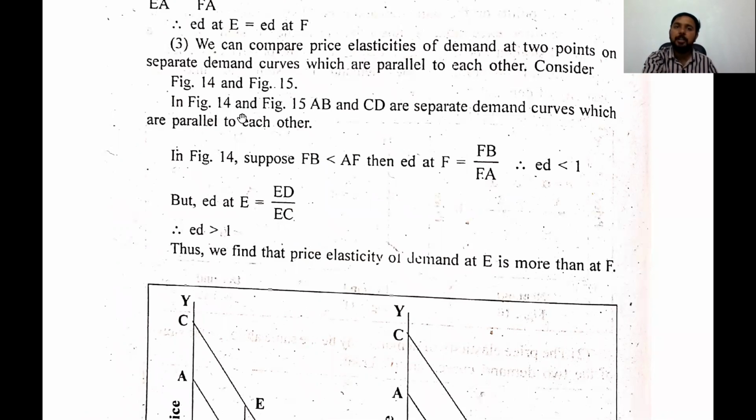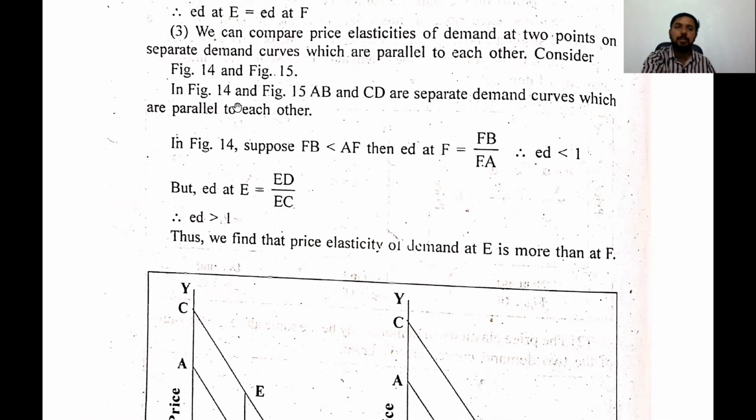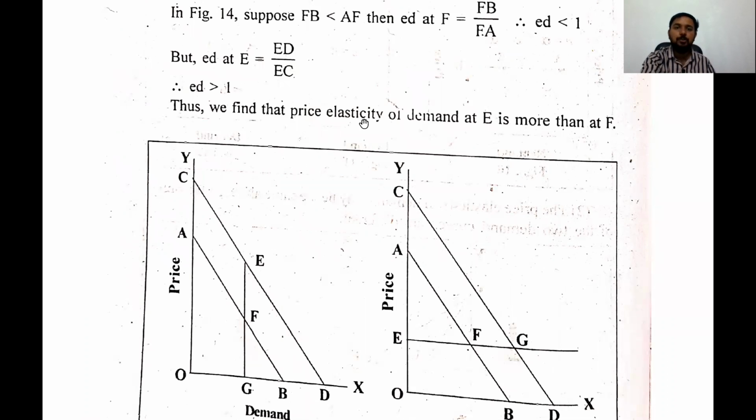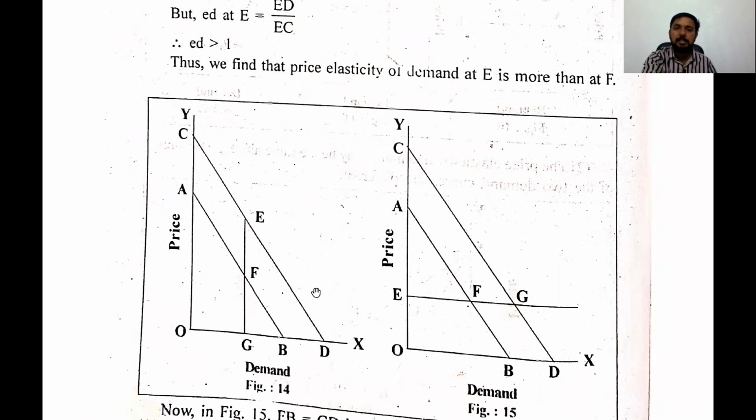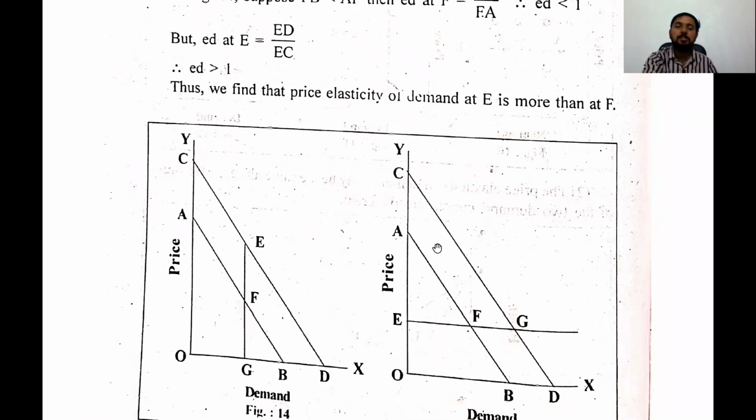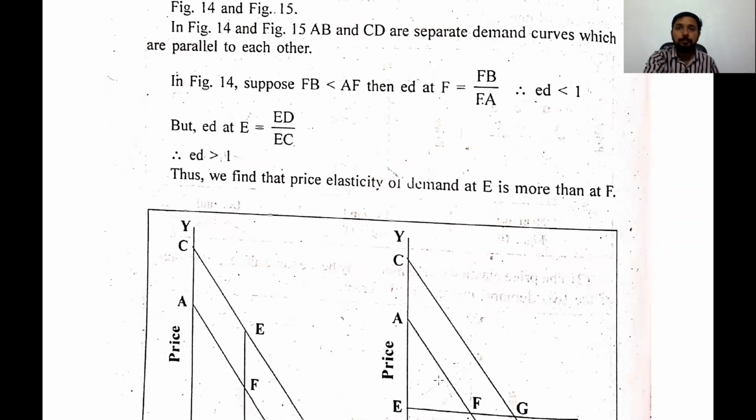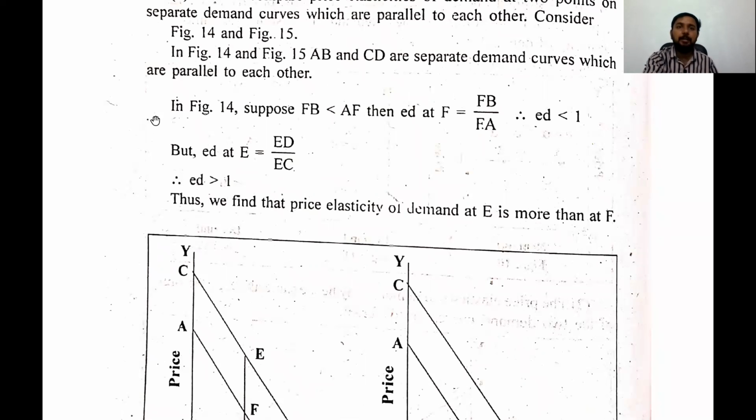In figure 14 and figure 15, AB and CD are separate demand curves which are parallel to each other. So here AB and CD, here also AB and CD, both are different demand curves and both are parallel to each other. Parallel means both are at the same distance. In figure 14, suppose FB is greater than AF.